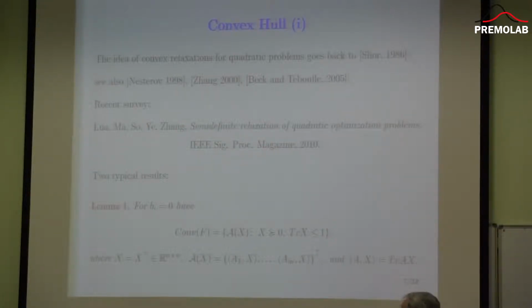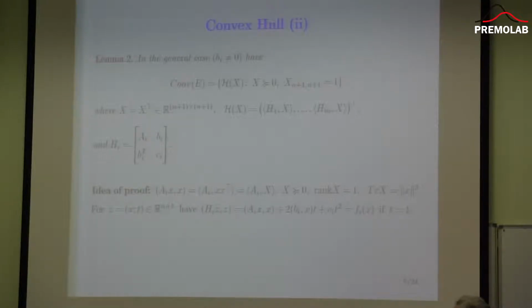This is the case of homogeneous forms, and for non-homogeneous forms, it is the image of the entire space E. Here is the description of the convex hull.